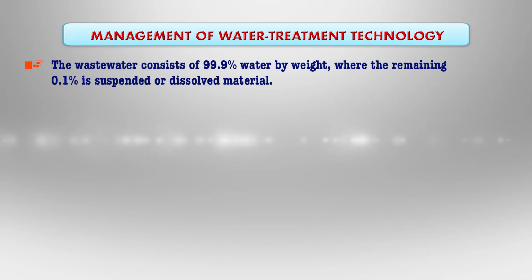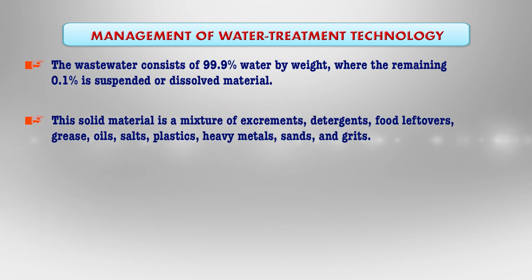Wastewater normally contains 99.9% water by weight, in which the remaining 0.1% is suspended or dissolved materials. This solid material is a mixture of excrement, detergents, food leftovers, grease, oil, salts, sometimes plastic material, sometimes heavy metal contamination, sand as well as grit.